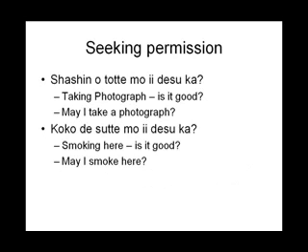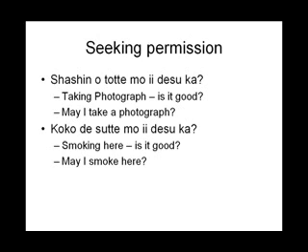Though we have covered te form mo ii desu ka as a form of seeking permission in the previous lesson, I am giving further examples building on the words we learned in this lesson. Otherwise, this slide has nothing to do with the nai form, which is the main topic of this lesson. Shashin wo tottemo ii desu ka?